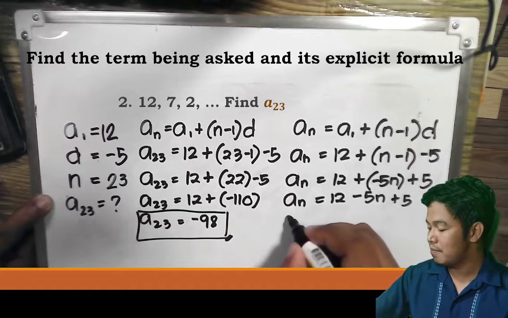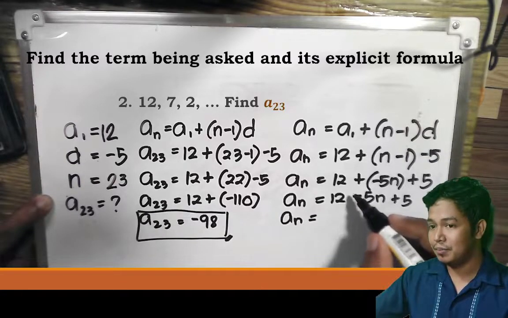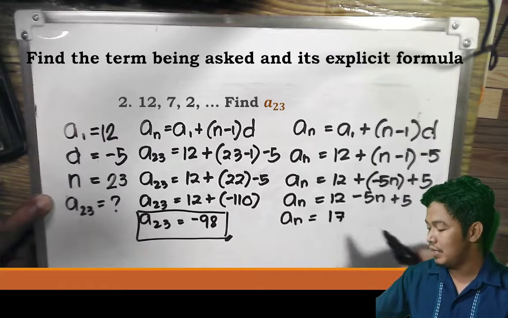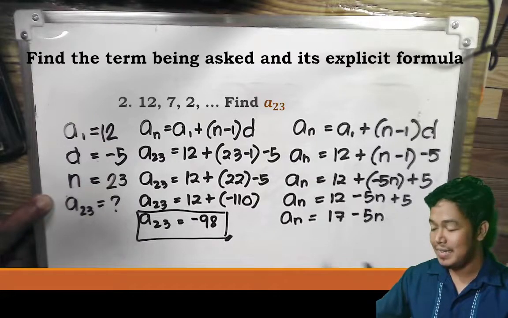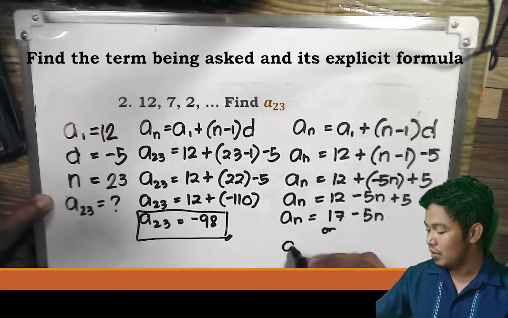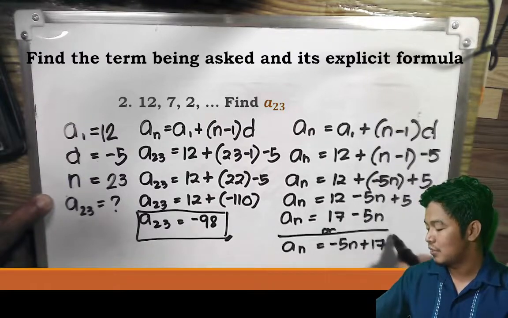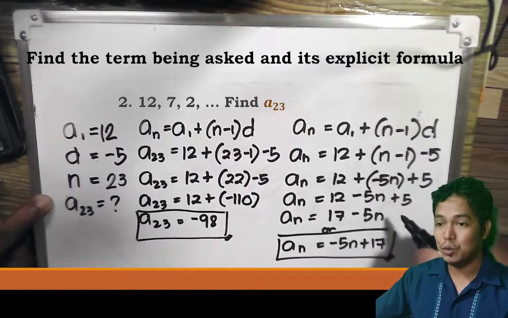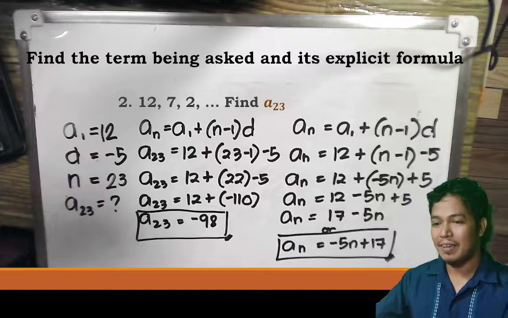Let us combine like terms, 12 and 5. 12 plus 5 is 17, minus 5n. Or we can restate that as a sub n is equal to negative 5n plus 17. So our explicit formula is a sub n is equal to negative 5n plus 17.